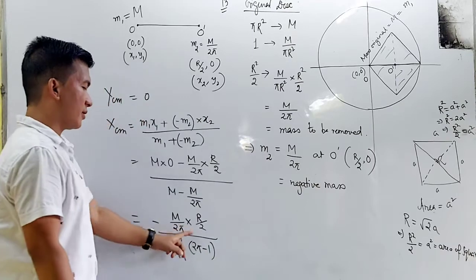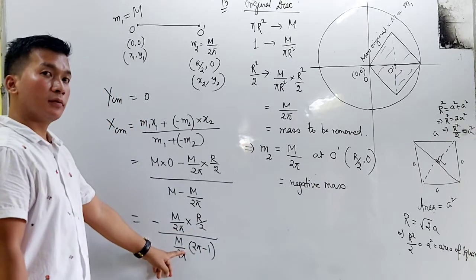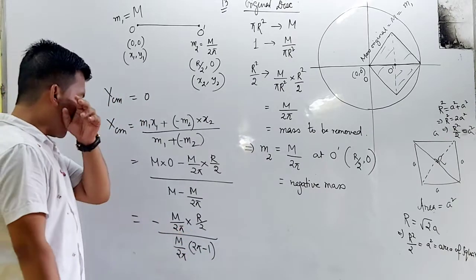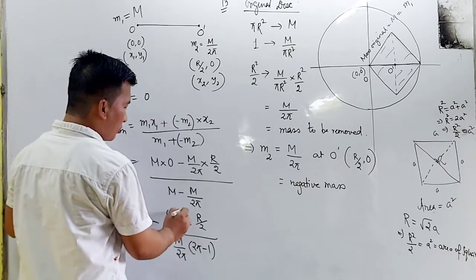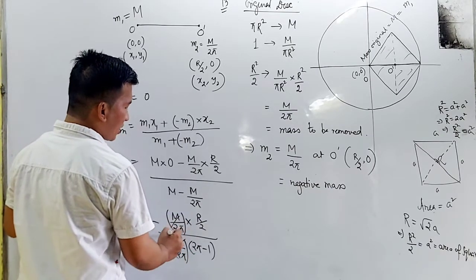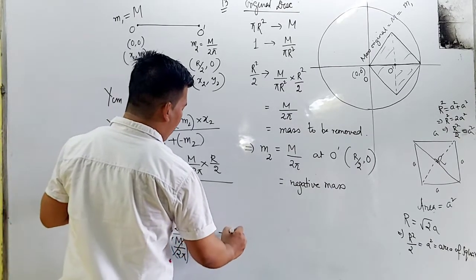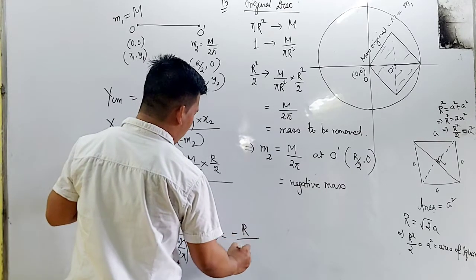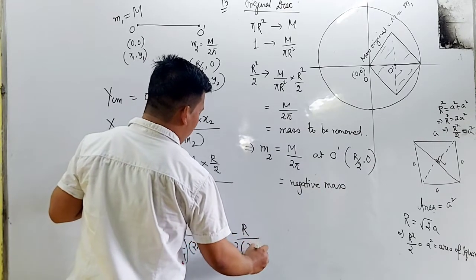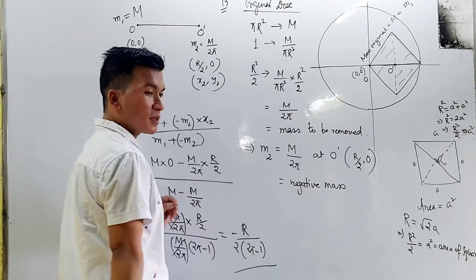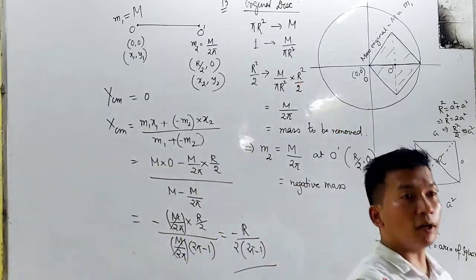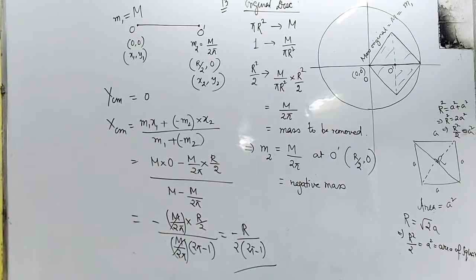Can we write it like this? Yes. See, M by 2 pi, M by 2 pi get canceled out. We will be having minus R divided by 2 into 2 pi minus 1. This is our answer.